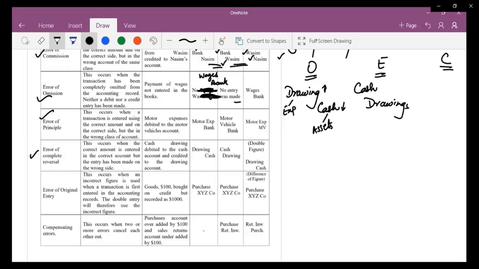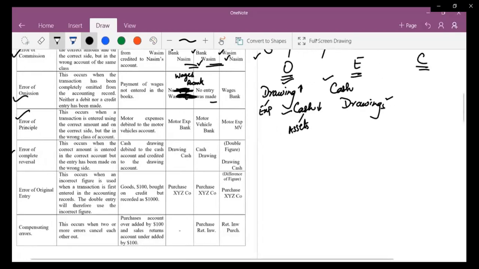The accounts were right, the amount was right, but the sides were wrong. Which was supposed to be debited had been credited by error, and which was supposed to be credited had been debited by error. This is known as error of complete reversal.